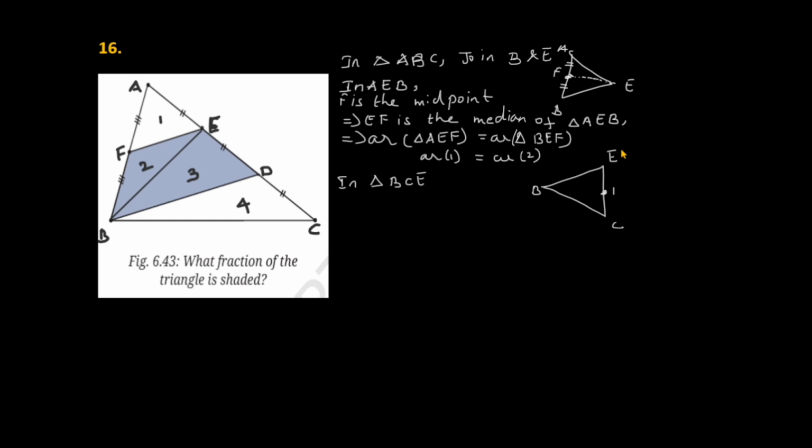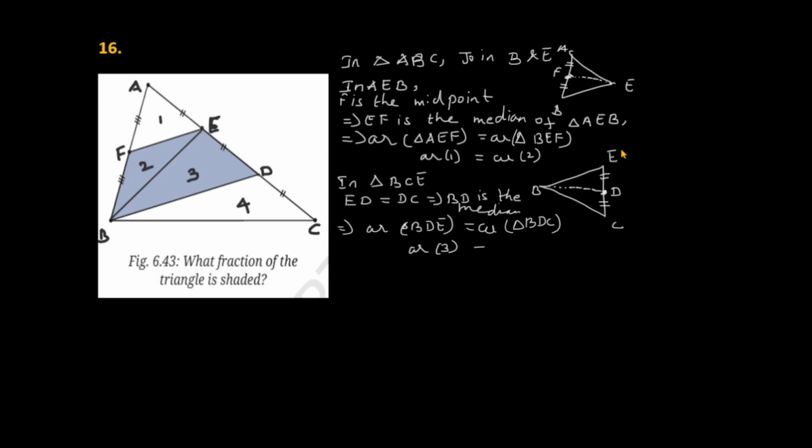Here we are seeing another vertex D. These two are equal, which means D is the midpoint and BD is the median. So it is given in the diagram. Since ED is equal to DC, BD is the median of the triangle. So again we are getting two equal area triangles. Area of BDE is equal to area of triangle BDC. So what is given in the diagram? Area of the third portion is equal to area of the fourth portion.